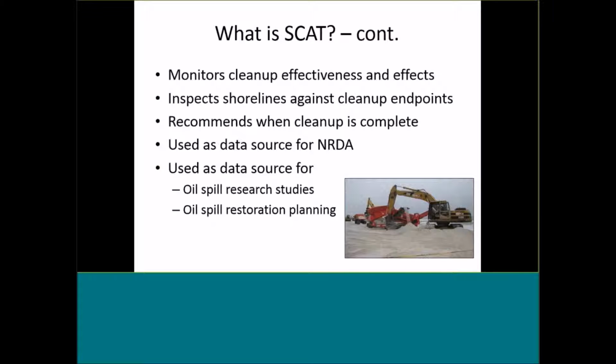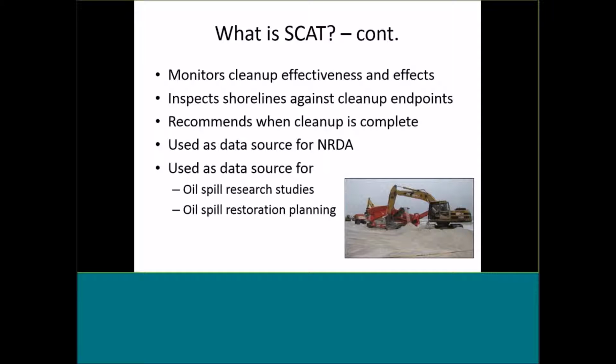Now, SCAT is used as a data source for other things like NRDA, so it does contribute to NRDA, although it's not NRDA itself. It's also used a lot of times, like a lot of the Gulf studies that involve shoreline areas or near-shore environments will use SCAT as at least a screening method to determine where they're going to put their study sites for different levels of oiling, control versus oiled, et cetera.